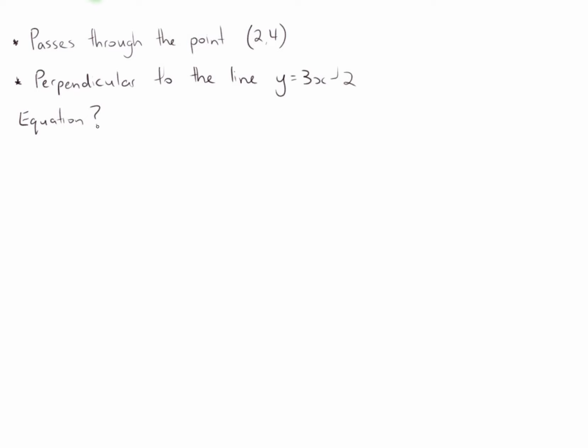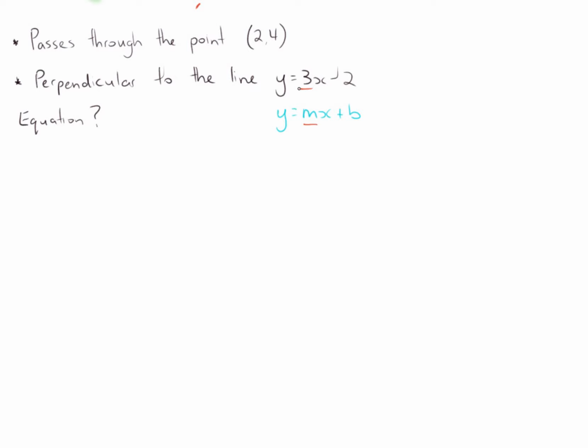Well, first of all, it might help to know the gradient of this other line. This other line is in the form y equals mx plus b, where m is the gradient. So, just by comparing, we can see that m must be 3 in this other line.